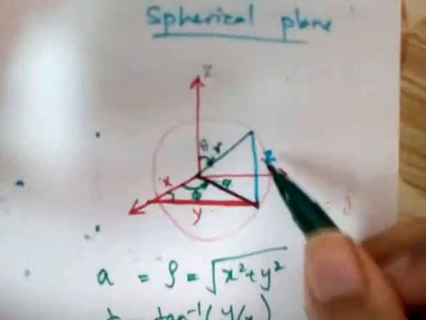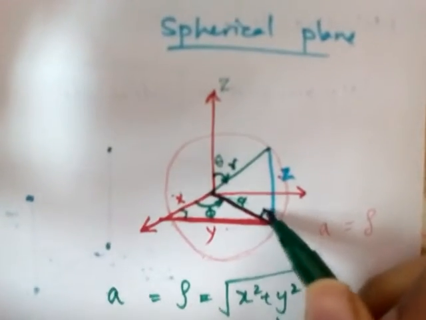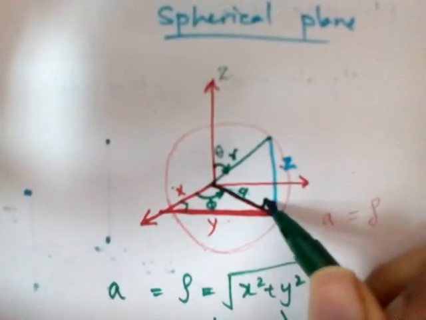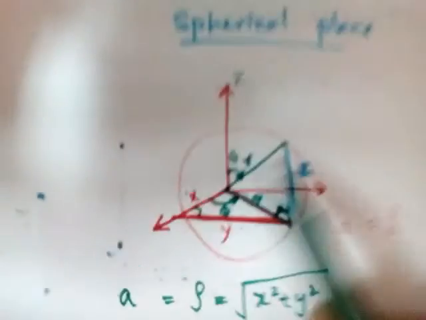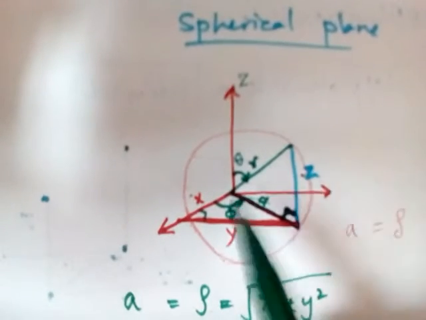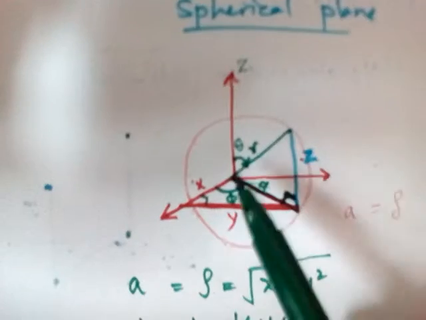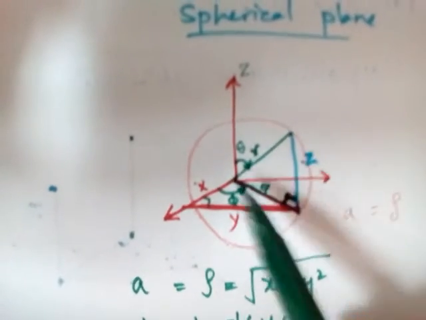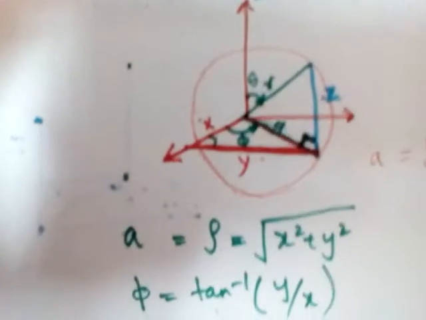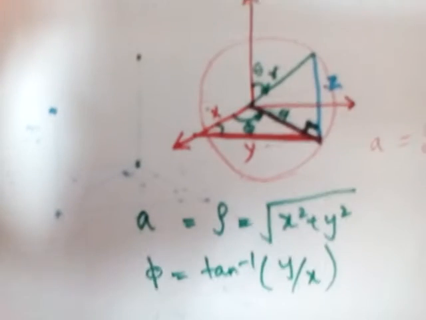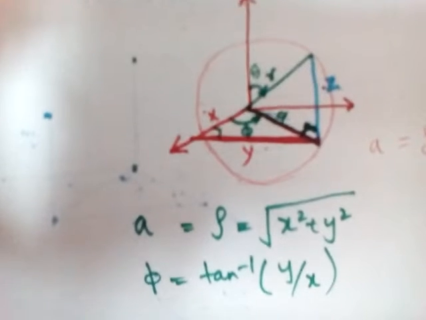As I said, we dropped a perpendicular. That means this is perpendicular, this is also a 90-degree angle. So it's clear that this r, or the radius, is also another hypotenuse. So this hypotenuse becomes the side for this triangle. Okay, so let's say we have A. Let's apply the Pythagoras rule again.